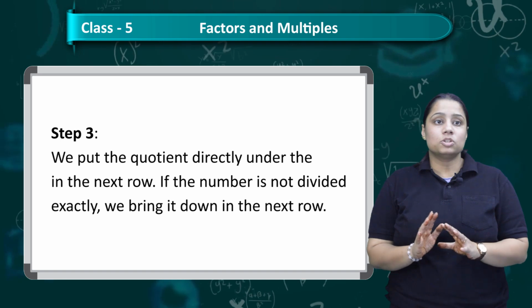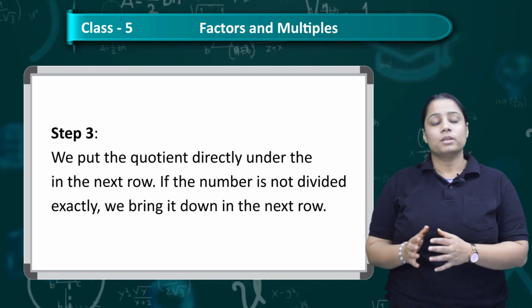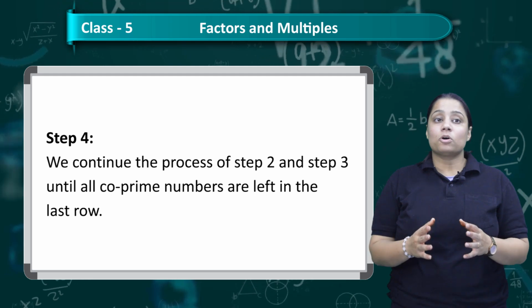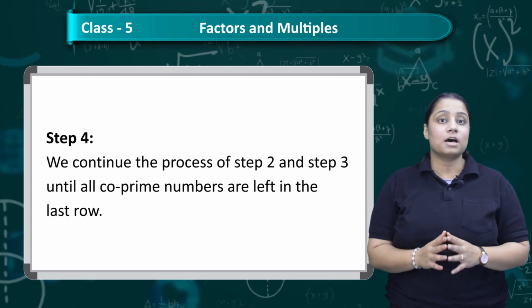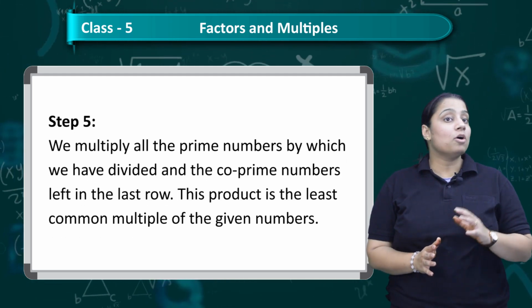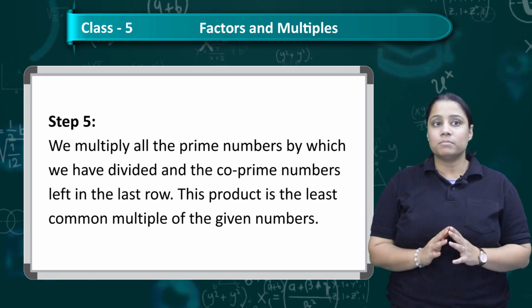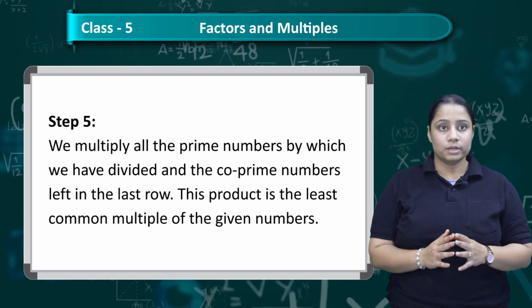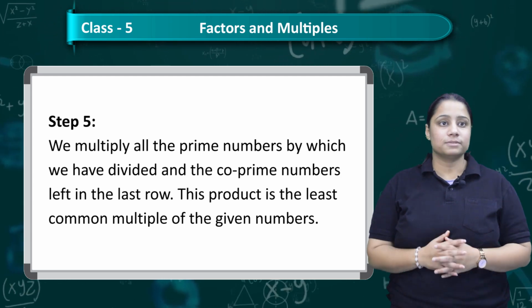If a number is not divided exactly, we bring it down in the next row. Step 4. We continue the process of step 2 and step 3 until all co-prime numbers are left in the last row. Step 5. We multiply all the prime numbers by which we have divided, and the co-prime numbers left in the last row. This product is the least common multiple of the given numbers.